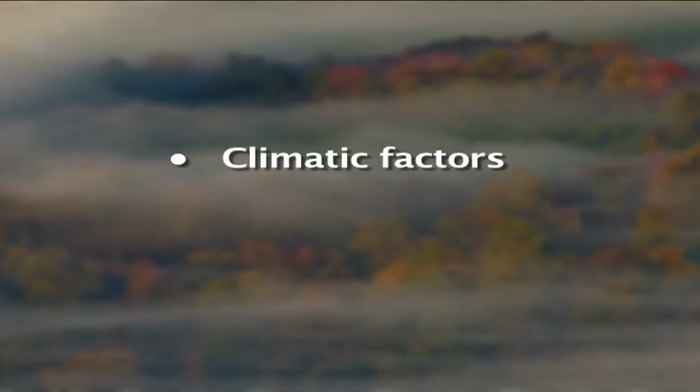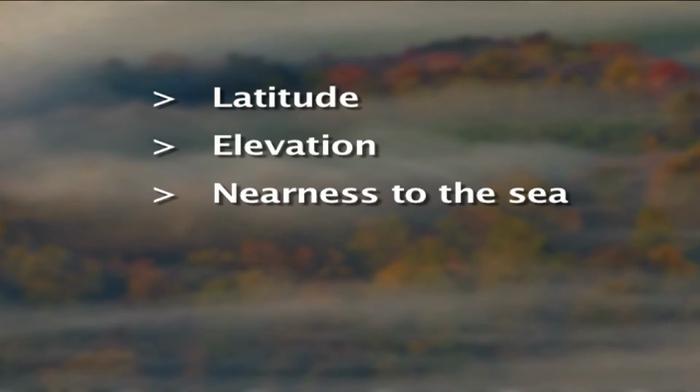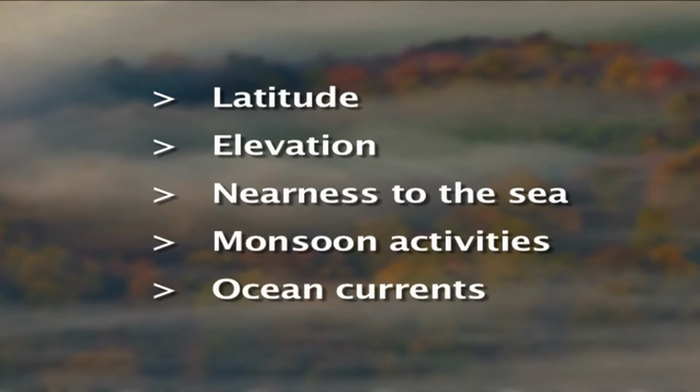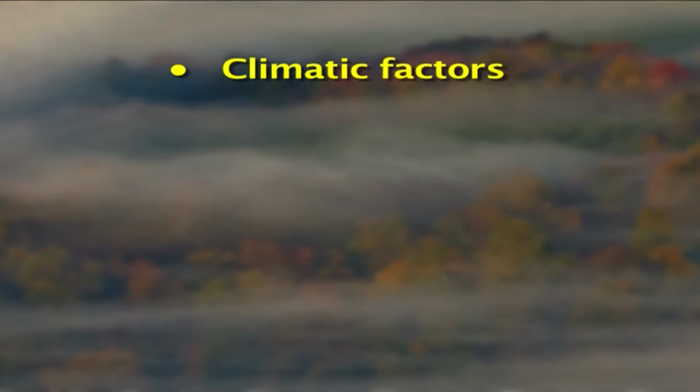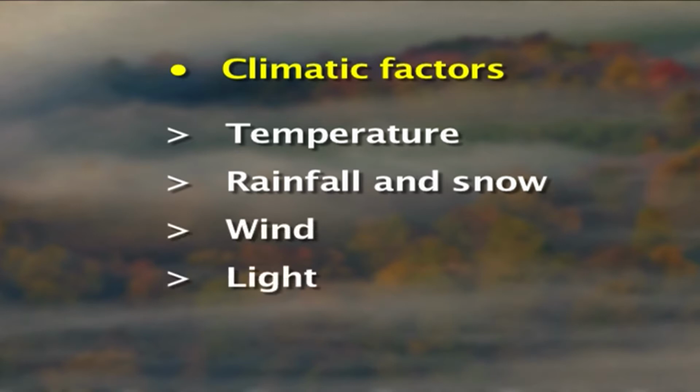First, climatic factors. The climate of an area is the result of several factors such as latitude, elevation, nearness to the sea and monsoon activities and ocean currents. Climatic factors include temperature, rainfall and snow, wind, light, humidity, etc.